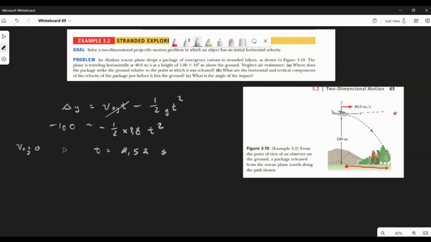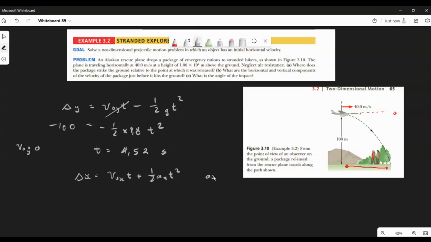Okay, so now we have to revert back to our other formulas, right? So I'm going to recap that again. And remember, our formula in the x direction is delta x equals v_ox t, plus a half a_x t squared.